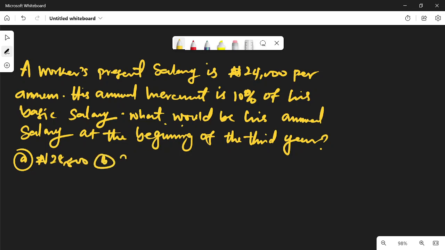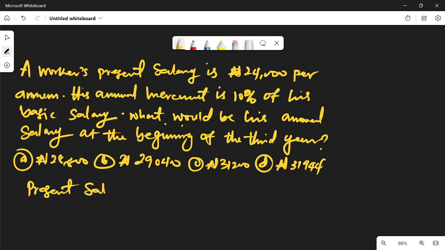Option B, 29,040 naira. Option C, we have 31,200. Option D, we have 31,944 naira.